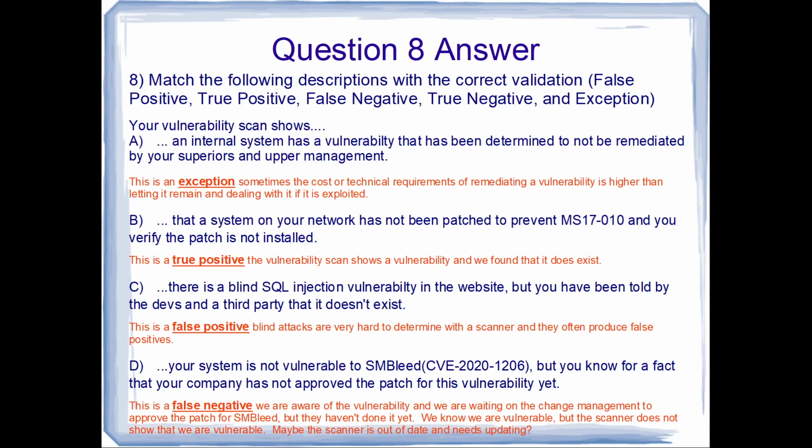If you mark it as an exception in your scanner, it won't show up as a vulnerability in future scans. We would not mark it as a false positive because that vulnerability does exist. It's just we aren't going to deal with it.